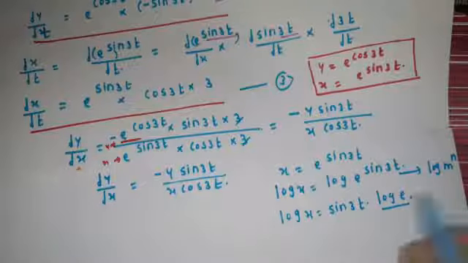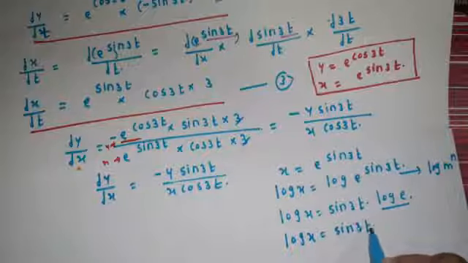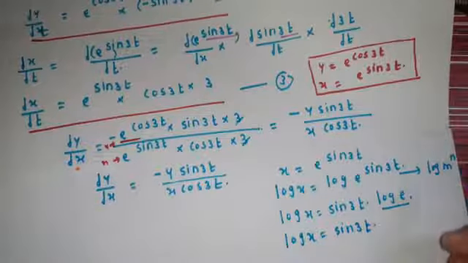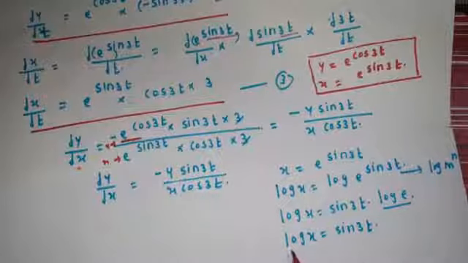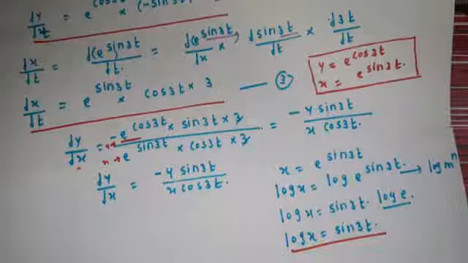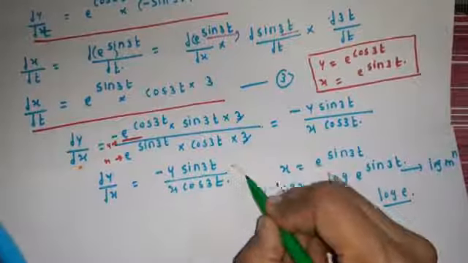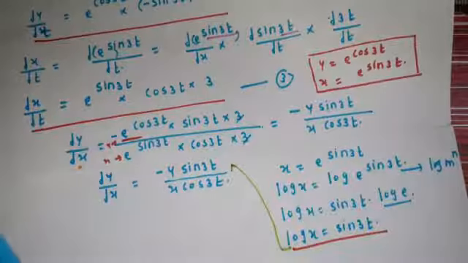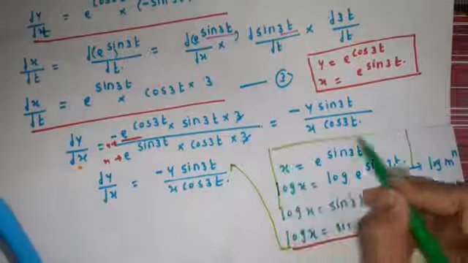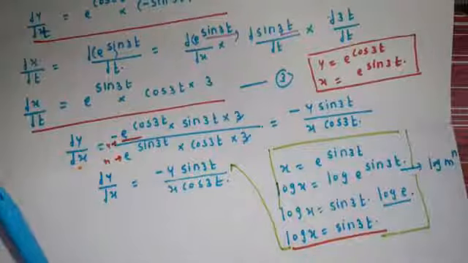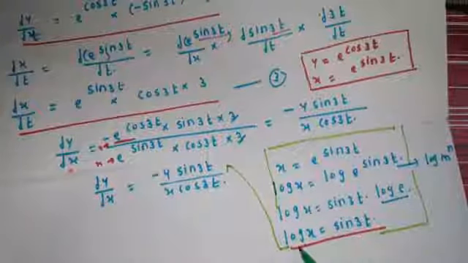Log of e is 1, that we know, and therefore log of x equal to sine of 3t. Now we can put the value at the numerator, sine of 3t equal to log of x. Okay students, are you getting this? So let us see the step, we have to adjust sine of 3t equal to log of x in this way.